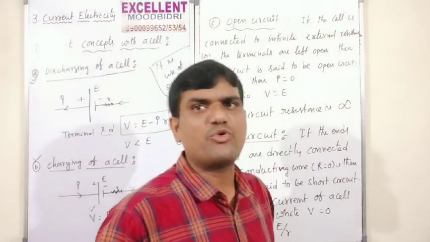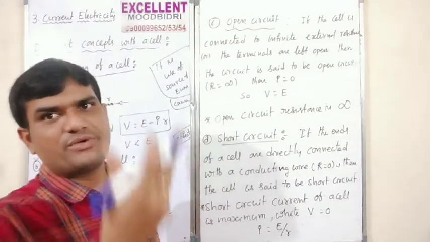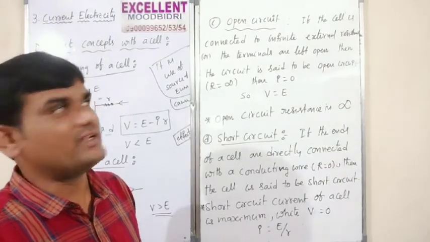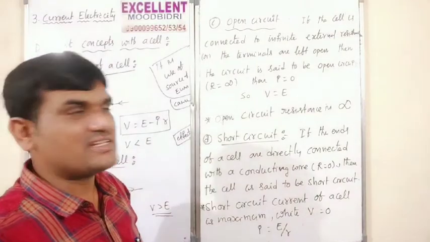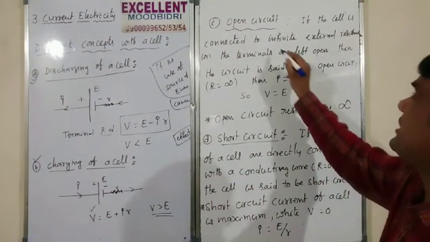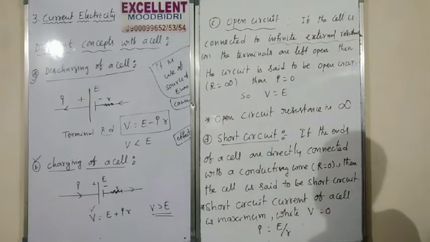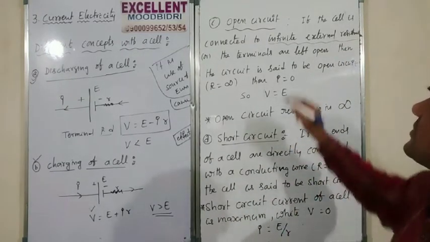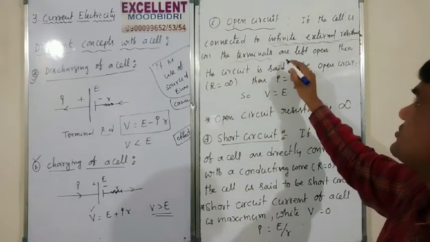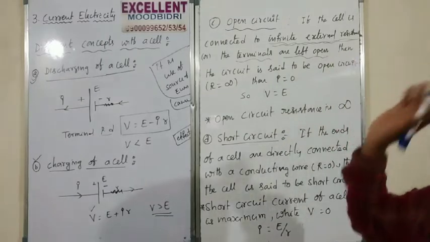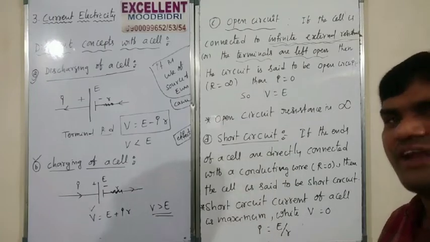Next one. Open circuit and short circuit. What is the meaning of open circuit? The circuit is open. If the cell is connected to infinite external resistance or the terminals are left open, we say open circuit, with infinite resistance.